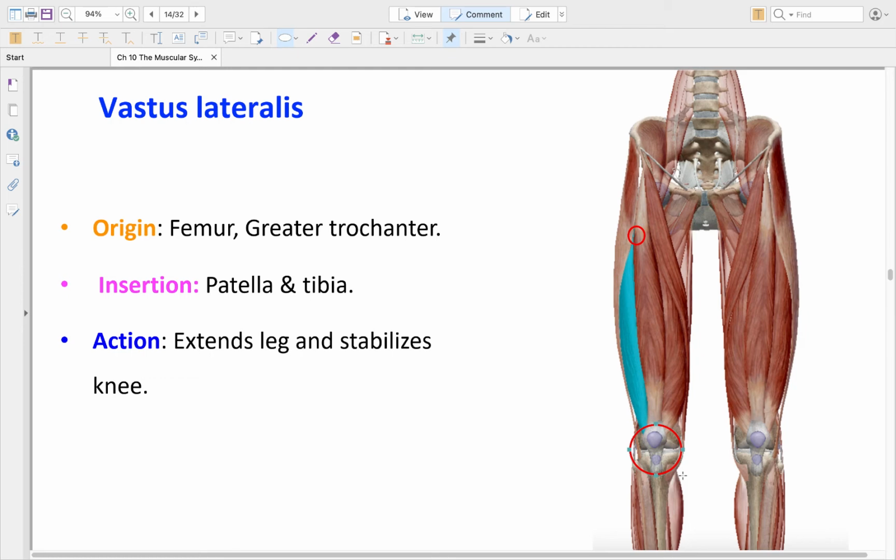Okay, now the action of this muscle. This muscle helps the leg extend, and it stabilizes your knee. So it has a big role in that stability.